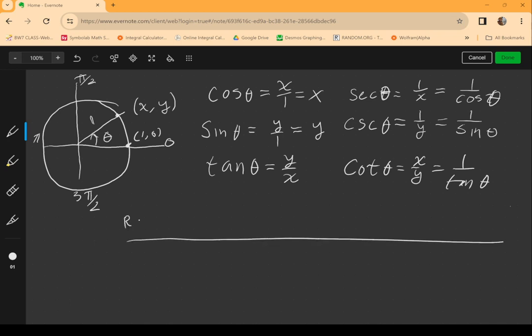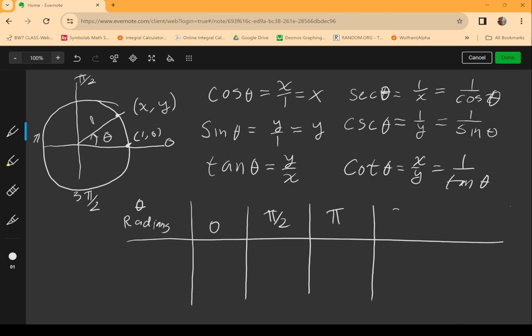We'll say radians, so theta, and we'll look at 0, pi over 2, pi, and 3 pi over 2. And again, once we get to 2 pi, then we're back to 0 radians, so they're cyclical.